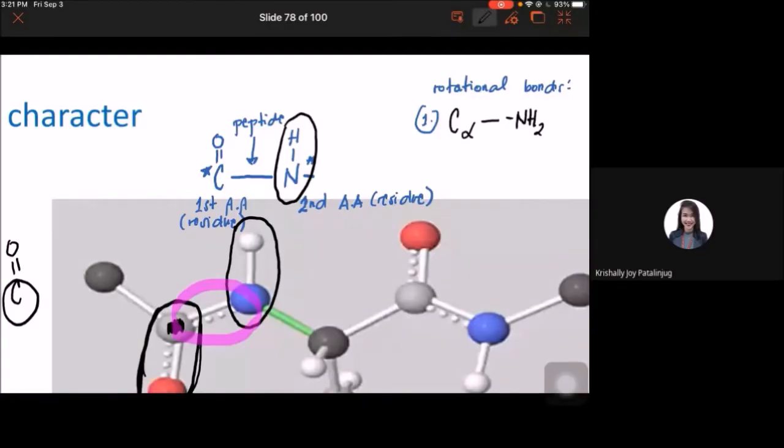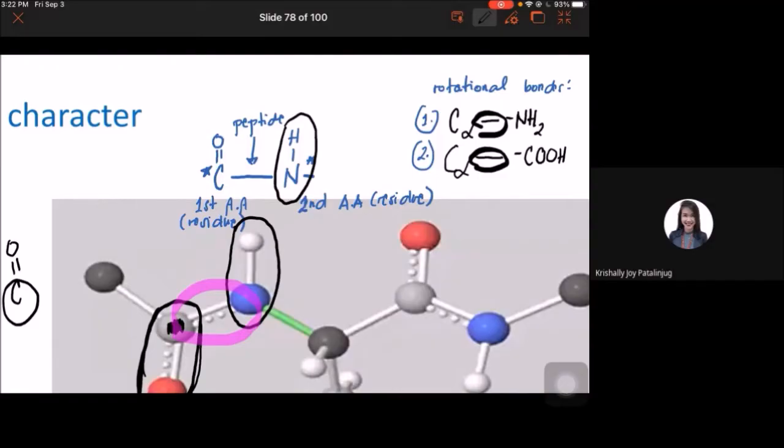That is a rotational bond. The bond connecting the alpha carbon to the amino group is a rotational bond. Number two is the alpha carbon bonded to the carboxyl, the COOH. I repeat, the rotational bonds that we can see in the structure of a peptide chain are the ones found between the alpha carbon and the amino group and between the alpha carbon and the carboxyl group.